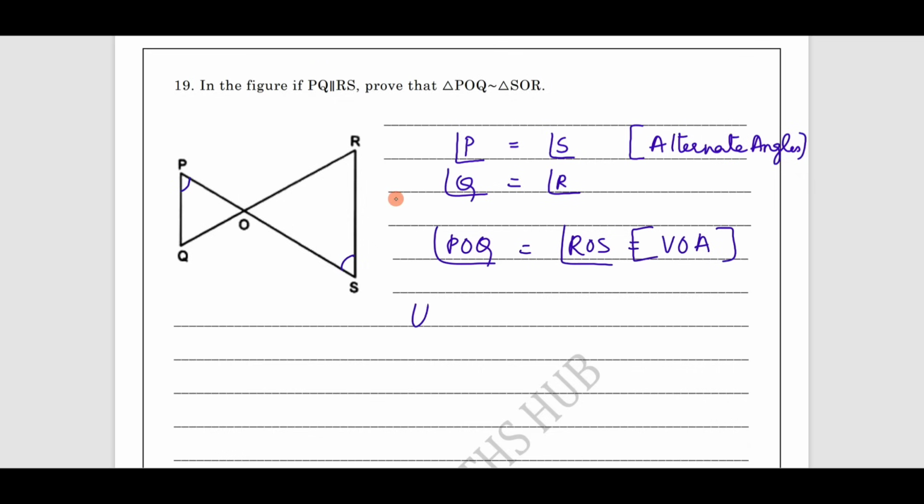Therefore, using which criteria? How many angles are equal? Three angles are equal. Using the triple A criterion for triangles, we can say that triangle POQ is similar to triangle SOR. It's not equal, it's similar.